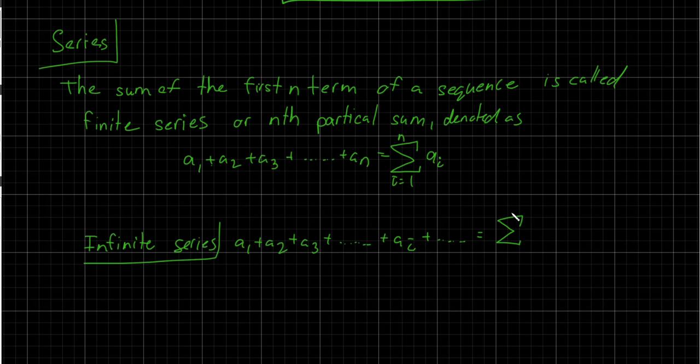And we just change the top to an infinity sign. So we have to figure out what our sequence is first to get the sum of that sequence, and whatever that sum is, that sum is our series. Sum of a series.